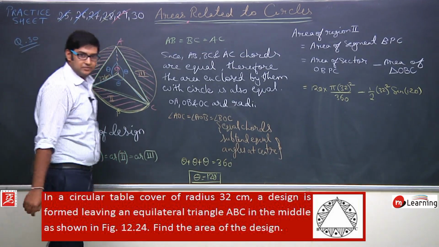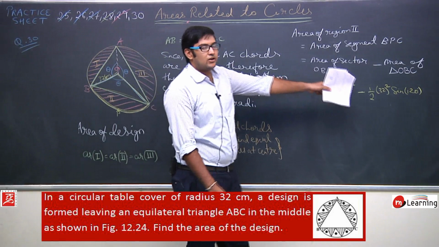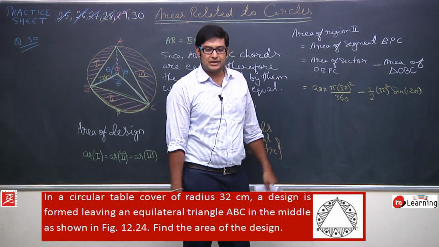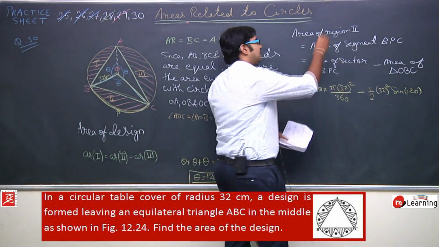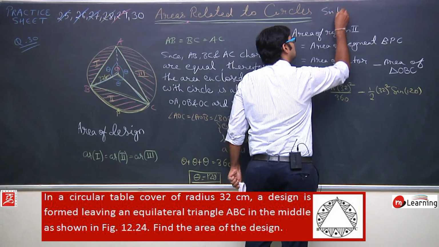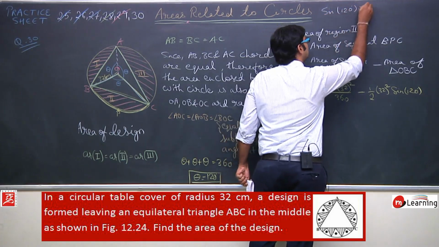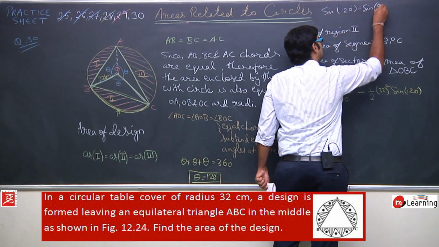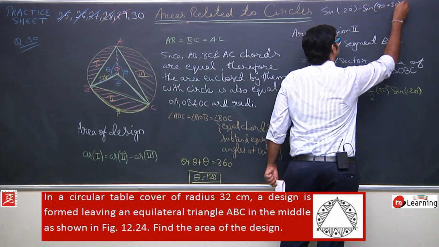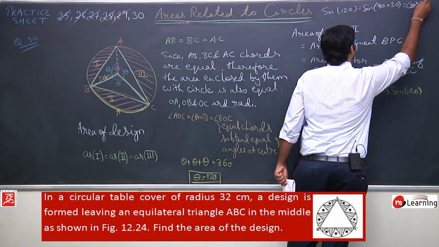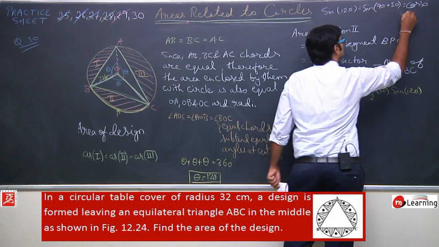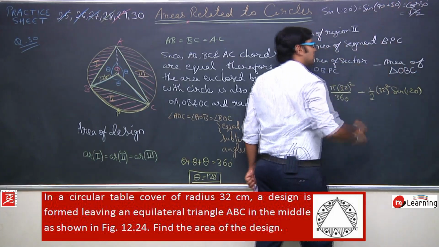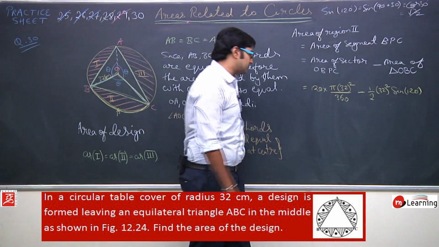This angle is 120. We have calculated the value of sine 120 many times. Sine 120 degrees is equal to sine of 90 plus 30, which equals cos 30 degrees, and cos 30 degrees is root 3 by 2.